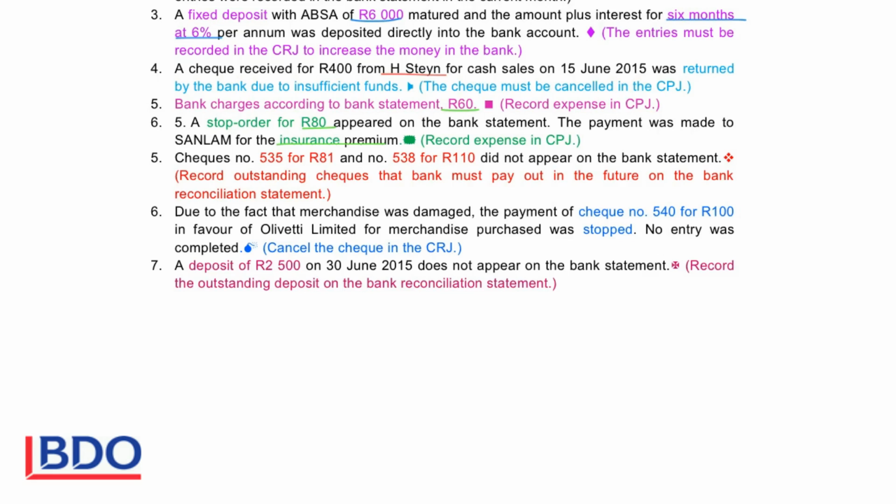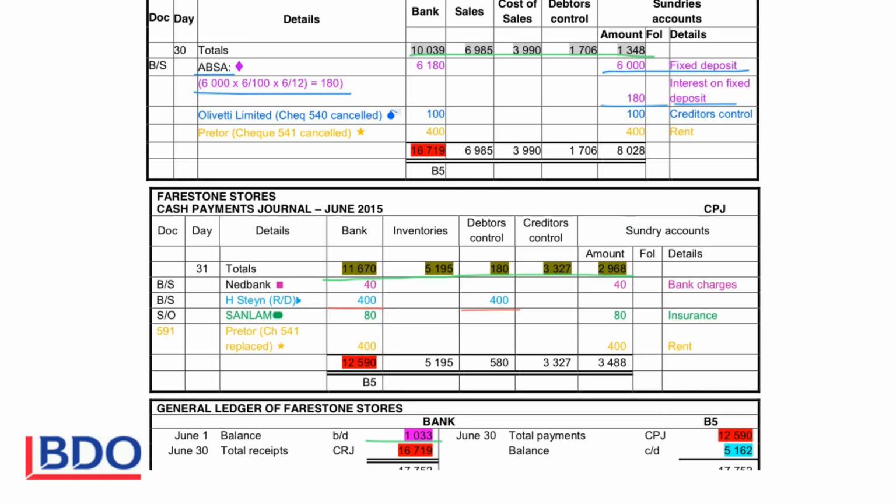So we also have to record the 80 Rand in the cash payments journal for money going out of the business. Sanlam, we will show the 80 Rand and that the insurance was paid out of the bank, and we will show that to Nedbank we paid bank charges of 40 Rand.